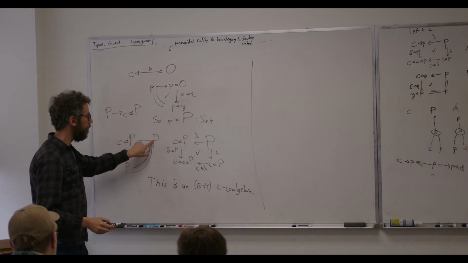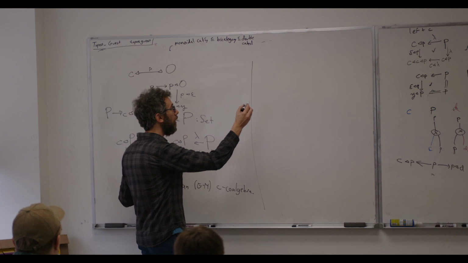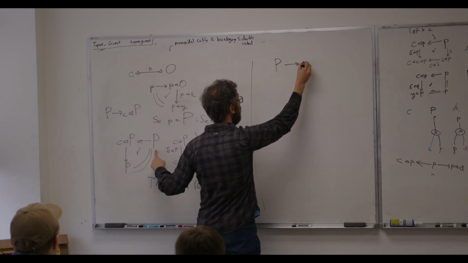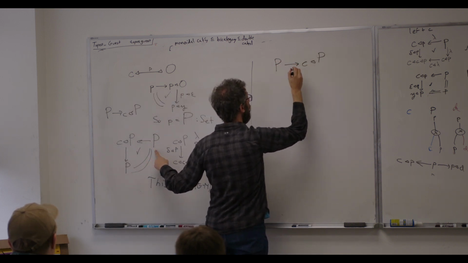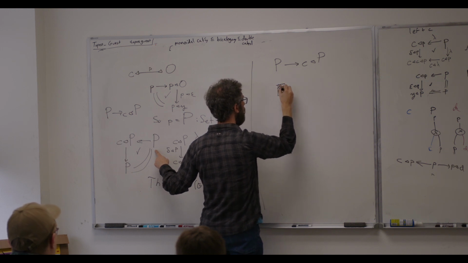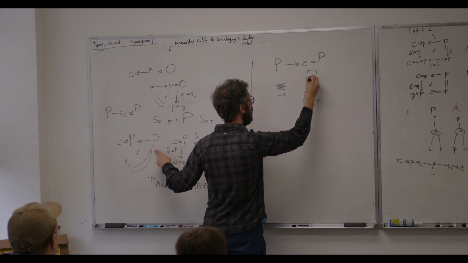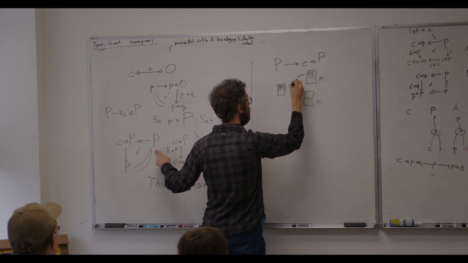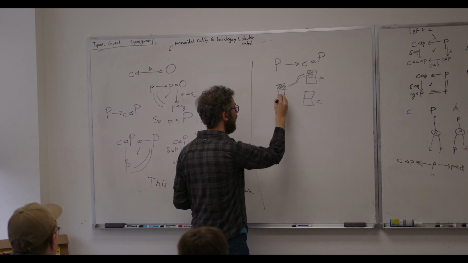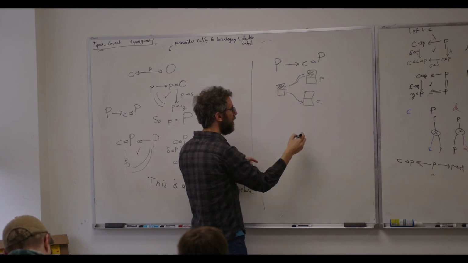For every object, for every element of this set P, we have this set P, so this is 0, and we can go to C tri P. So this map is like the identity. Okay, so we pick some object in P, and it goes into C. That's the first step.